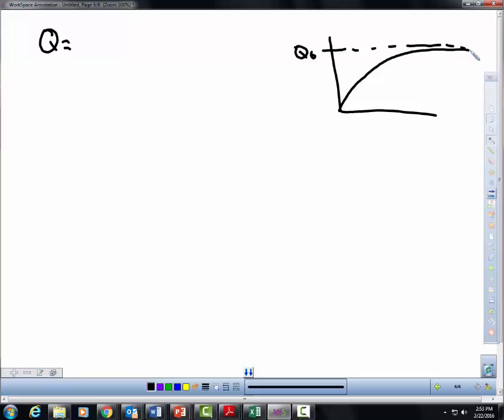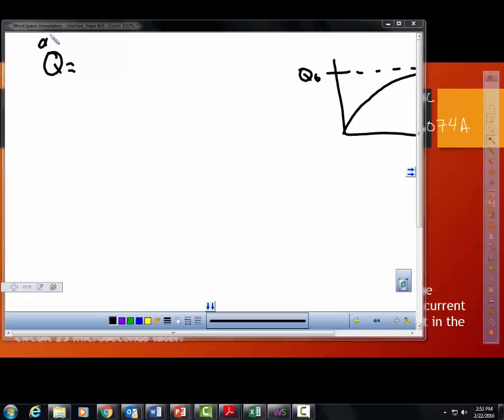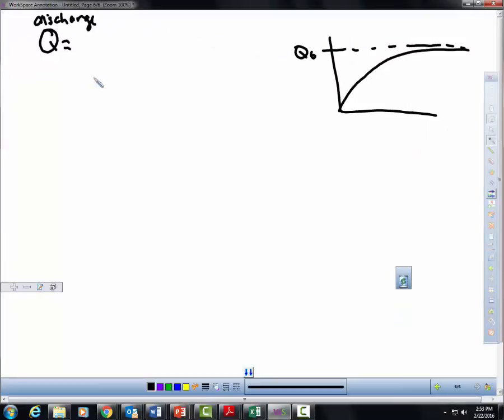And just like potential, the formula that you would use to calculate your charge on the capacitor is different depending on whether you're going to discharge it or charge it up. One's a growth, and one's a decay. So discharging the capacitor, your Q would be Q naught e to the negative t over tau.